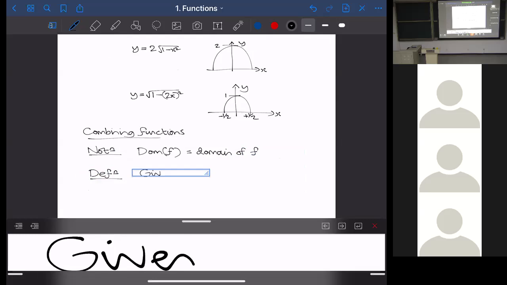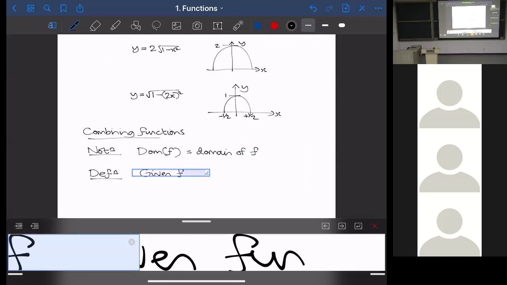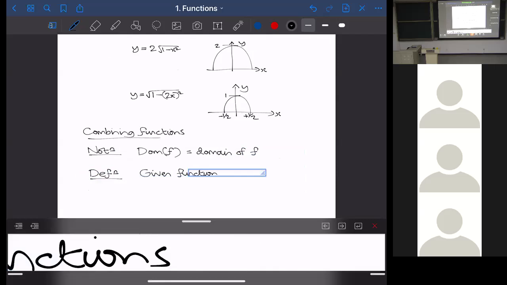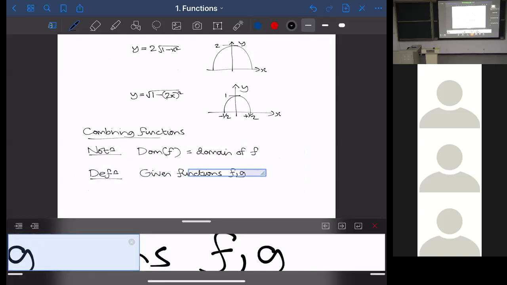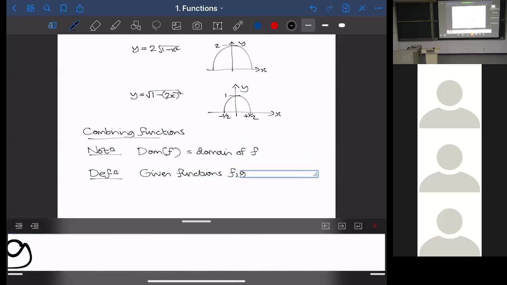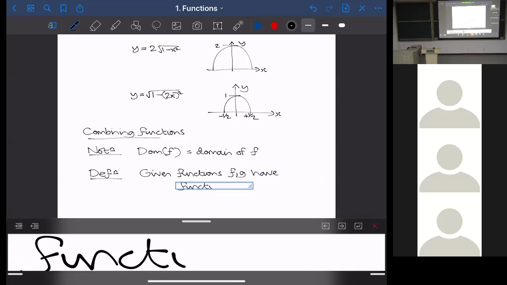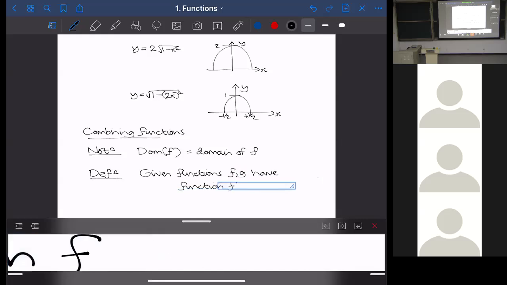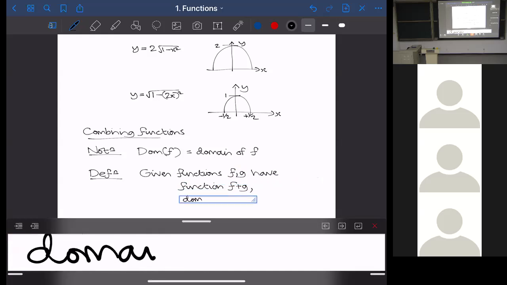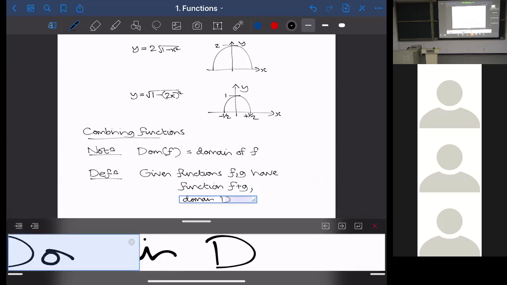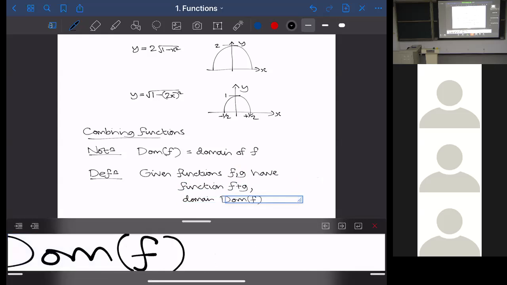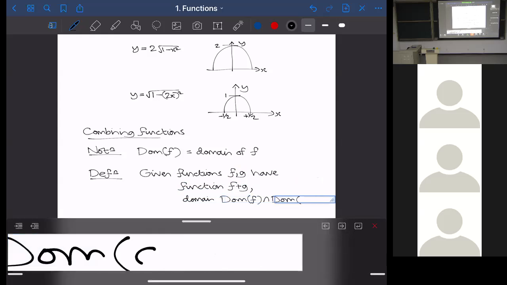So definition, given functions f and g, we have the function f plus g, and its domain is the intersection of the domains of f and g.